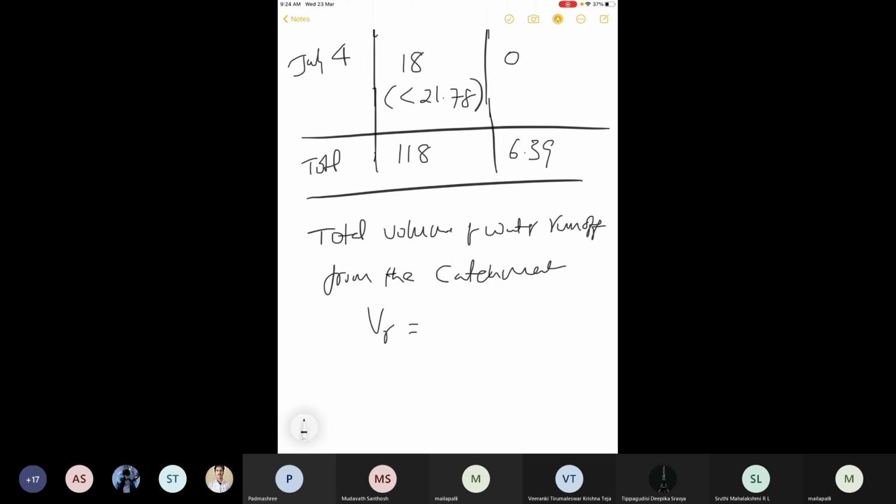The area is given, that is 350 hectares, so that is 10^4 into 6.39 mm, converted into meters, divided by 1000. So 22365 m³ of runoff water is being generated from the area.